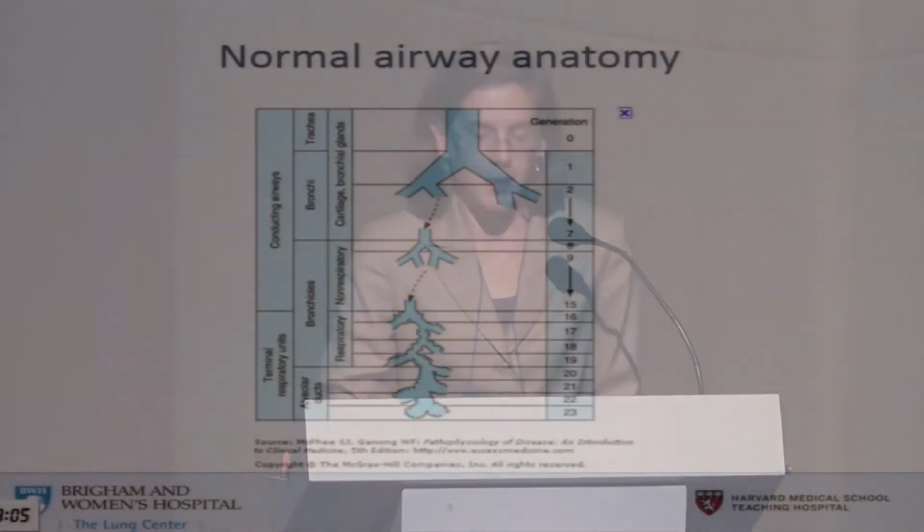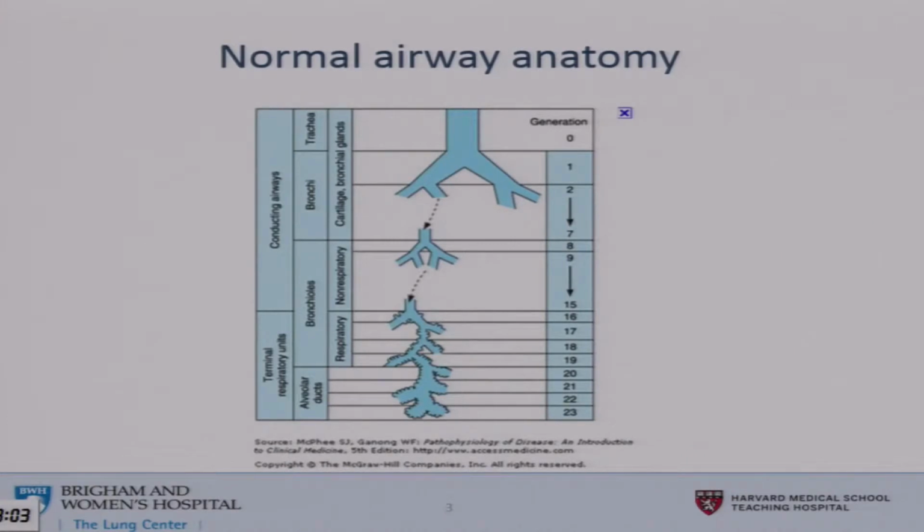So just to remind everyone, I'm sure you're familiar with the normal airway anatomy, but it's relevant to the technique of CT imaging, particularly when we talk about quantitative imaging. So recall that we start with the large airways, including the trachea and the main stem bronchi, and then we move down to the non-respiratory bronchioles. And as we move down further into the lung parenchyma, we end with the terminal bronchioles and then the alveolar ducts.